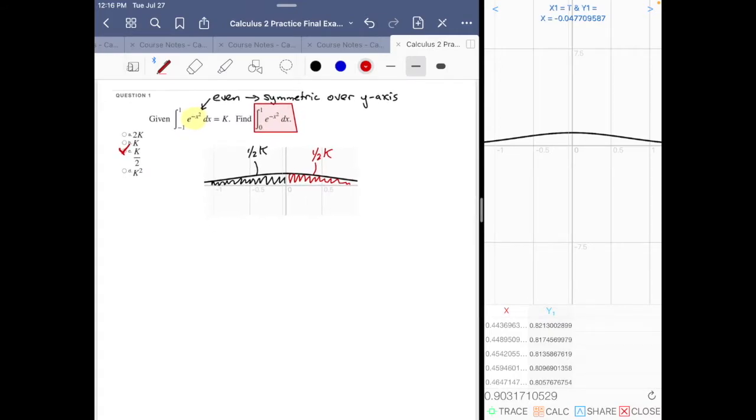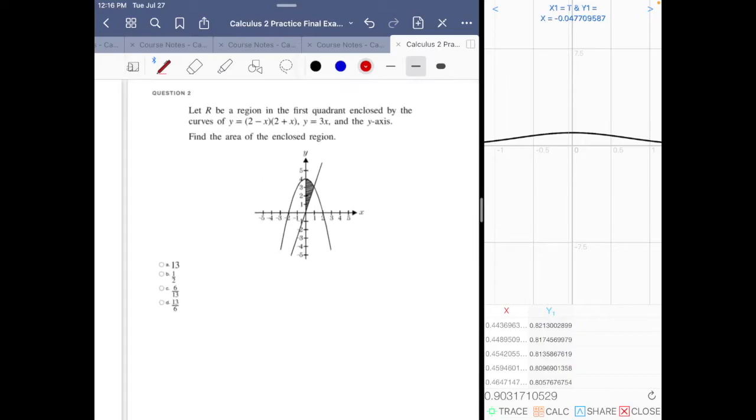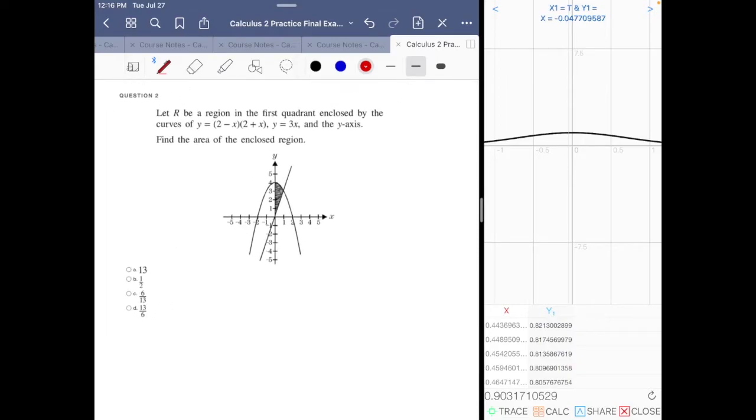All right. Number 2, let R be a region in the first quadrant enclosed by the curves given and the y-axis, find the area of the enclosed region. All right, so it's just a question of which way do you want to go with this. Does it make sense to do this with respect to x or with respect to y?